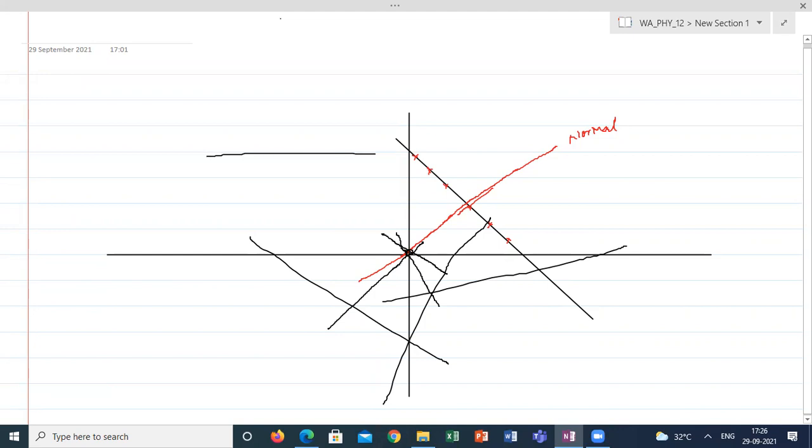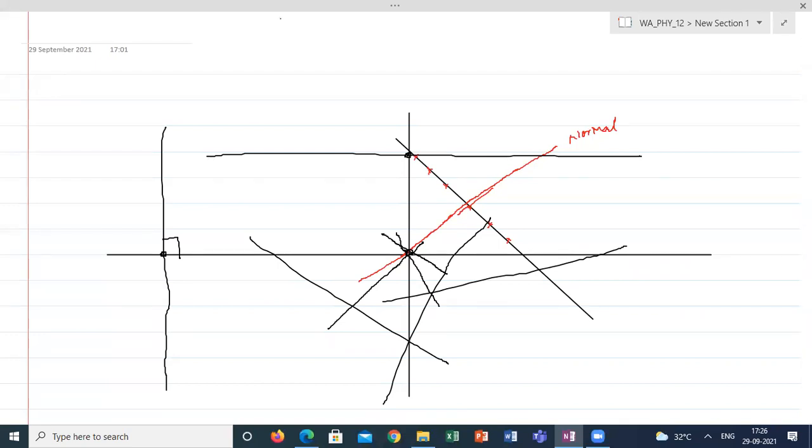Even if I take a line parallel to the x-axis, the y-axis is the normal. If I take a line parallel to the y-axis, the x-axis is the normal, because the x-axis is passing through the origin and perpendicular to the given line. So whatever the situation or state of the line, you can define the normal. Suppose this screen is divided into x-axis and y-axis; I can draw infinite lines in this coordinate system.